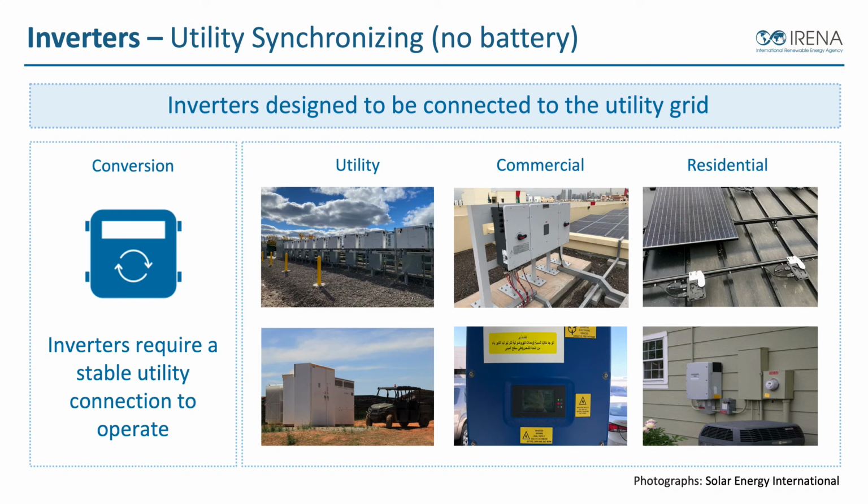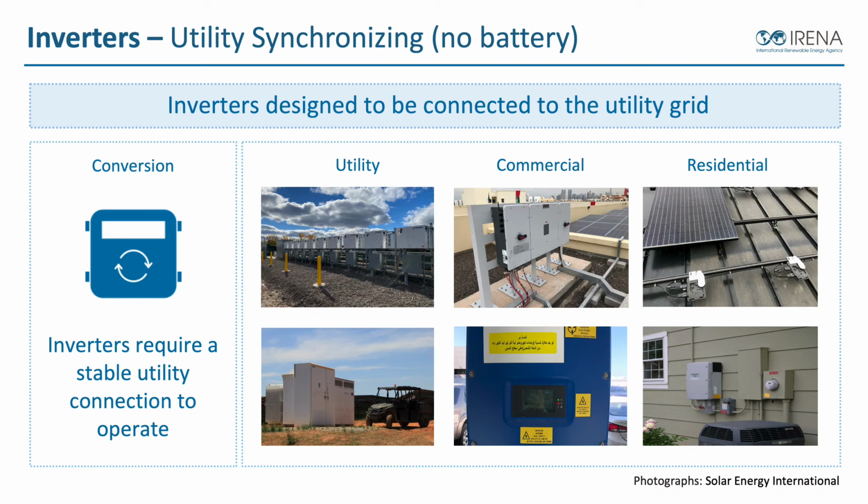And then for residential, we have a couple different types of inverters. On the photo in the top right, those small black boxes that are mounted to that structure, those are what we call a microinverter. A microinverter is a small utility synchronizing inverter that's designed for one inverter for one solar module.